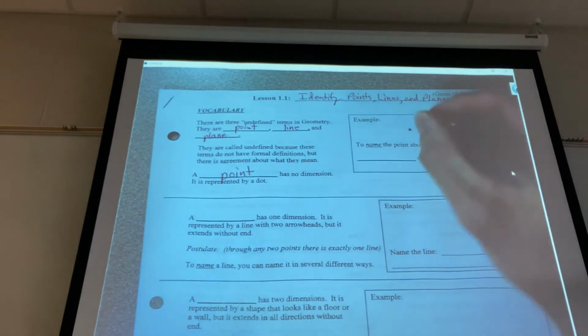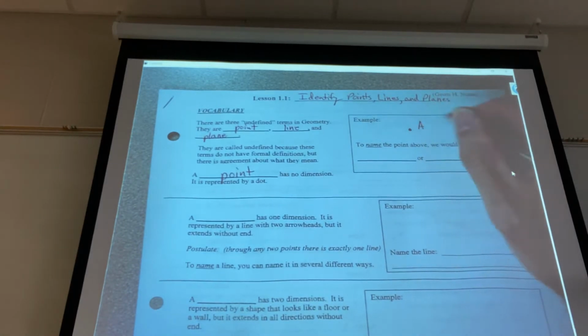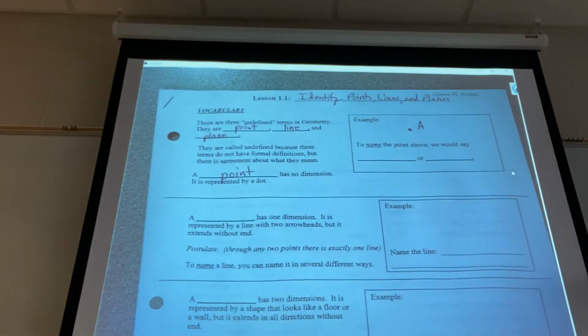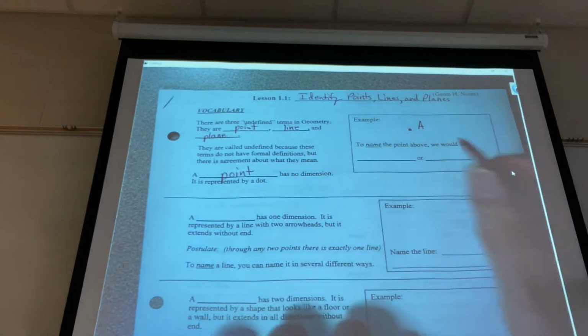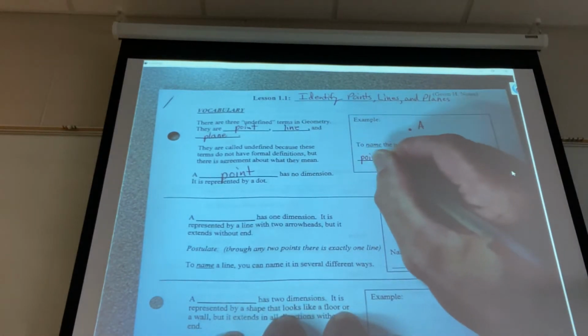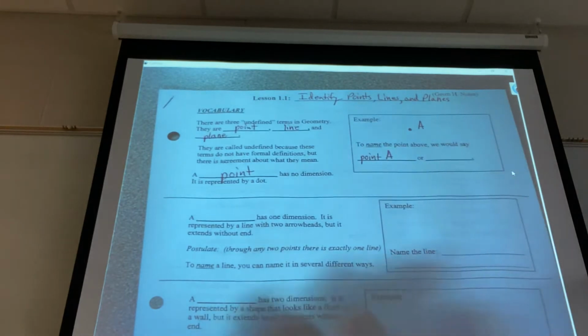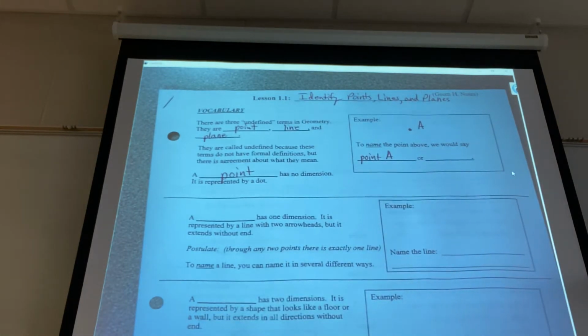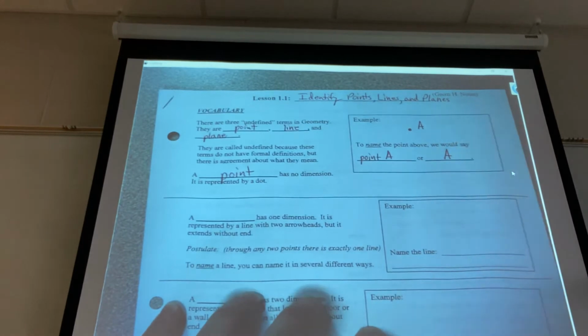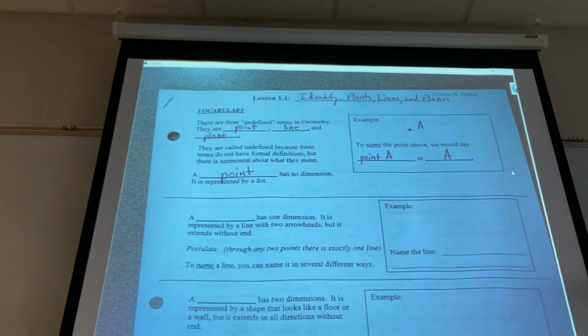And so we're just going to name them with letters. So right there is point A. But in geometry, anytime they just give a letter, they're talking about a point. So if you just say, hey, look, there's point A, you can just write A. And it's going to be accepted as you're referencing a point.